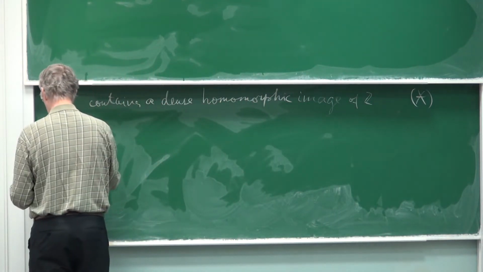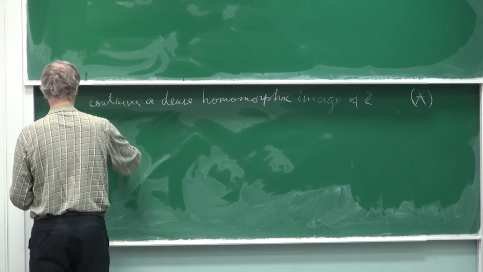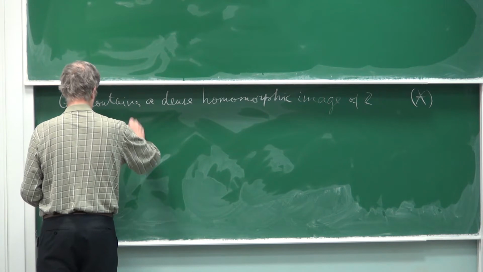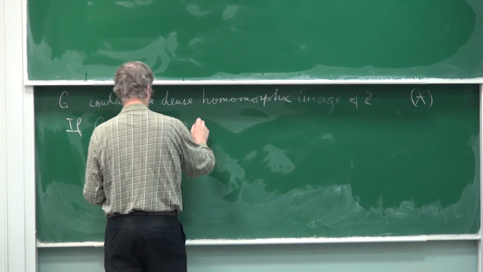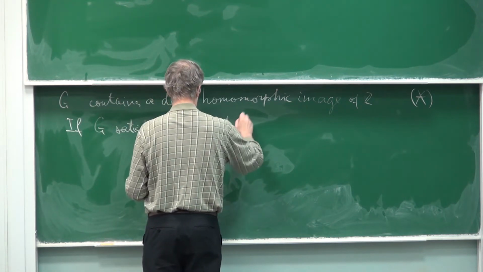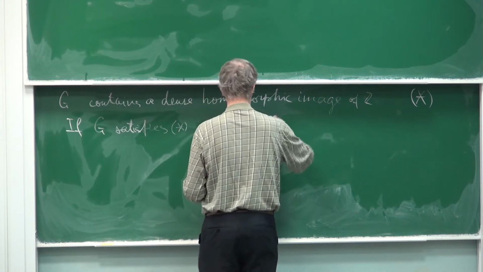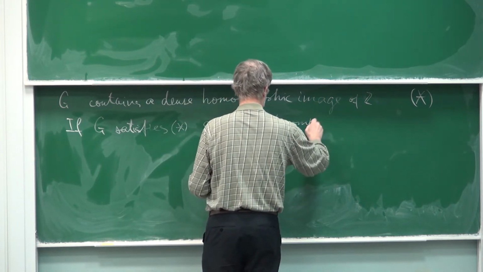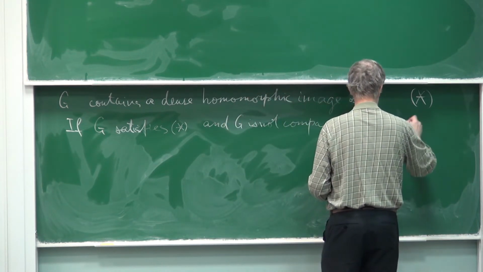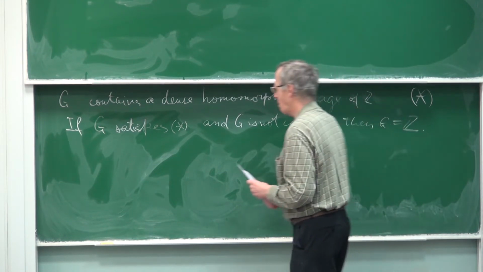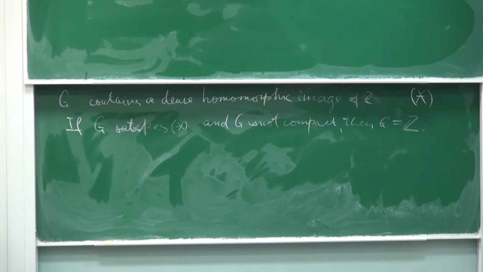So we proved last time that if G satisfies this condition star, and G is not compact, then G is equal to this subgroup of integers. So this will be used when we prove this lemma. And now let's start.